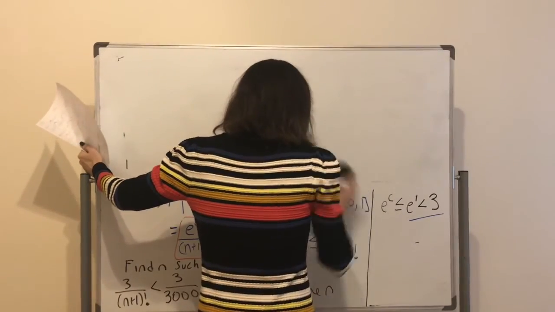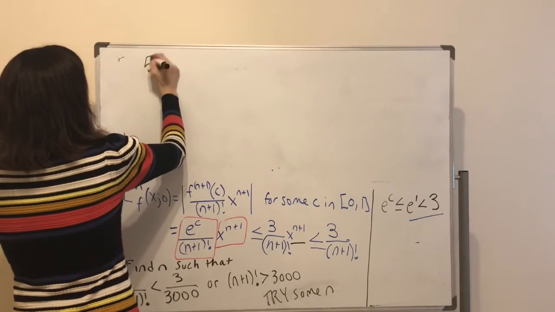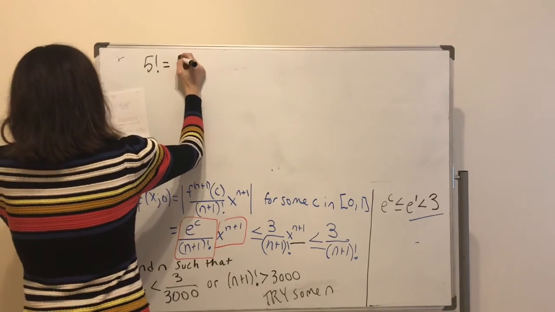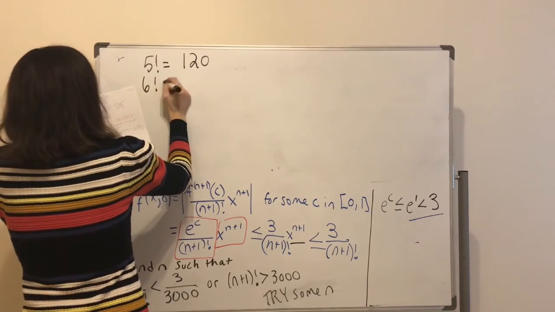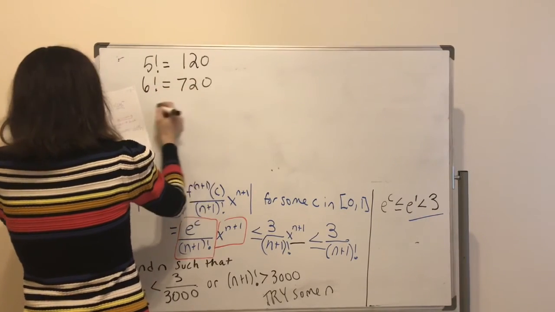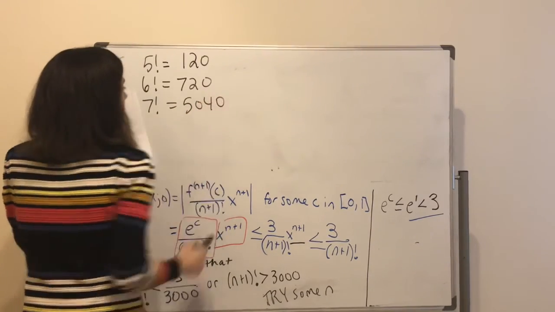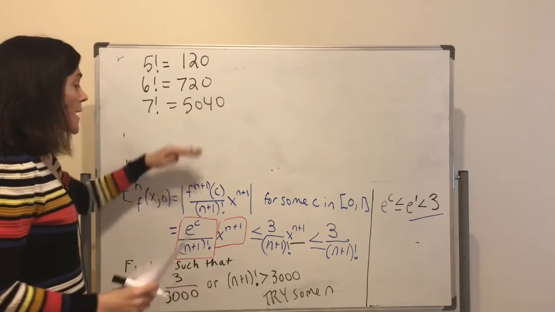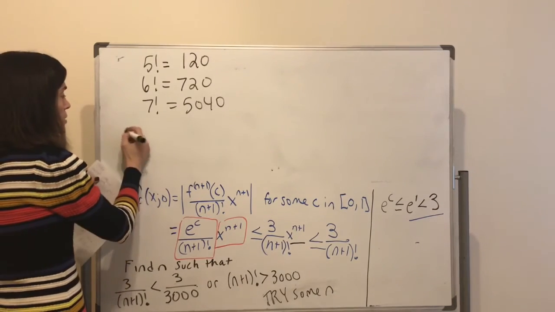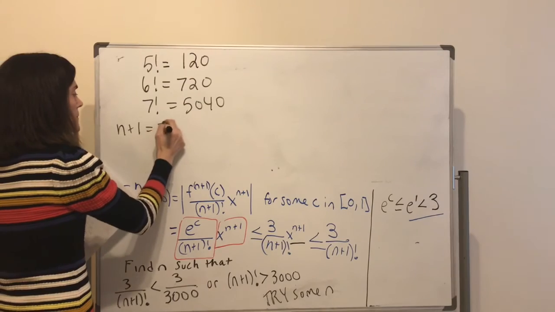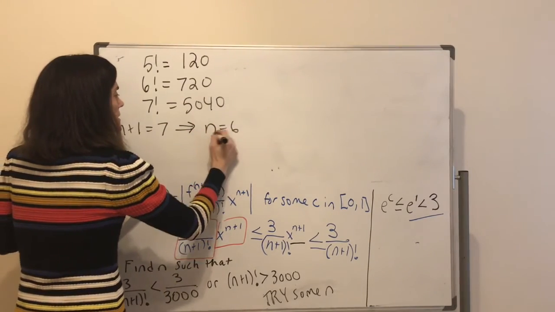So let me show you some calculations. 5 factorial is 120. 6 factorial is 720. 7 factorial is 5040. Okay, this is the first one that's bigger than 3,000, which says you would take n plus 1 to be 7, or n equals 6.